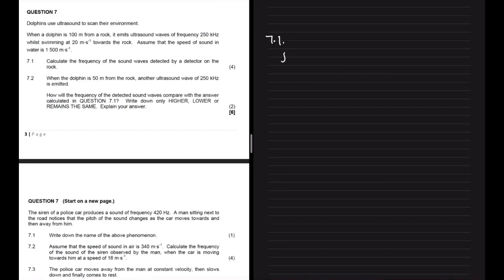And then frequency emitted by the source is 250 kilohertz, which is 250,000 hertz, right? Kilo is 1,000. While it's swimming at 20 meters per second, so we know that the velocity of the source is 20 meters per second towards the rock. So let's just put an arrow there to denote that it is moving towards.